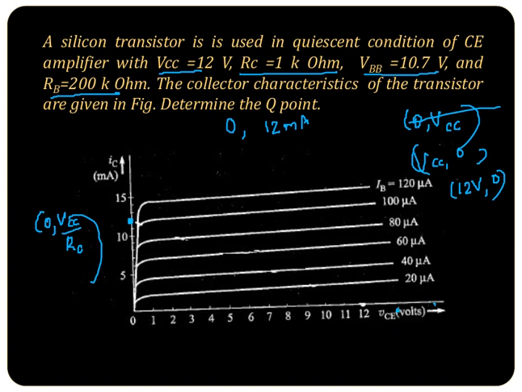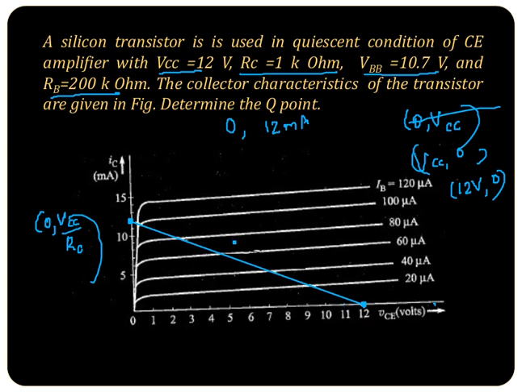So this will be the second point. So if you draw a straight line, you can see this is the DC load line. So you have drawn the DC load line between 0, 12 milliampere and 12, 0.